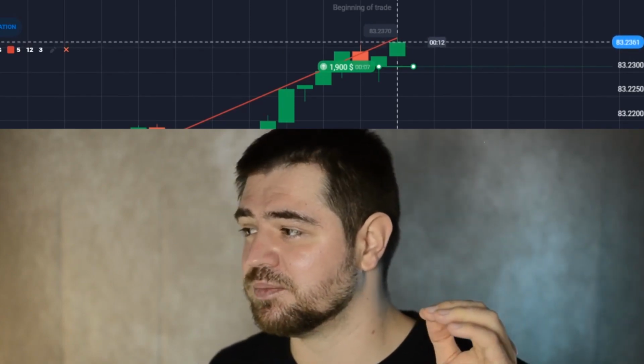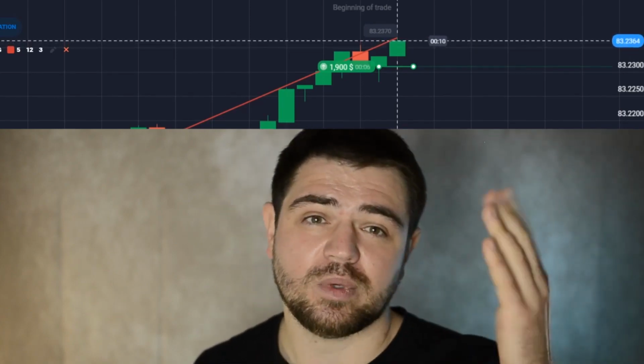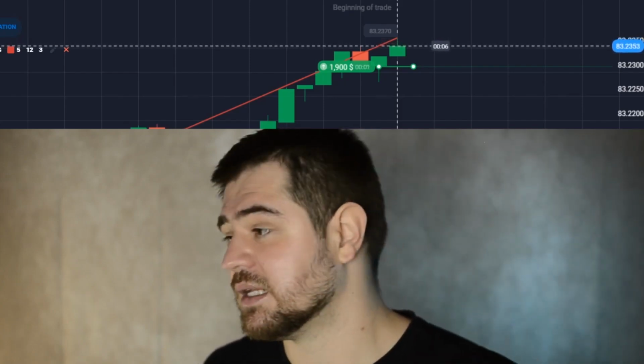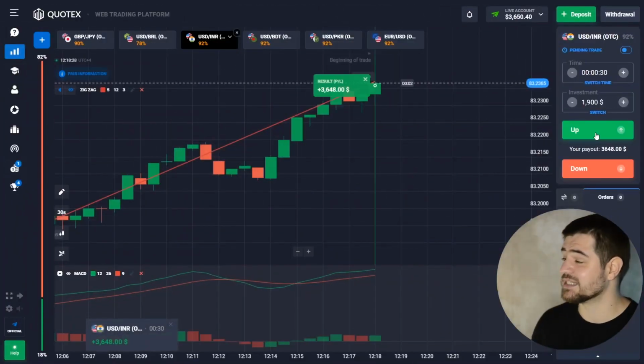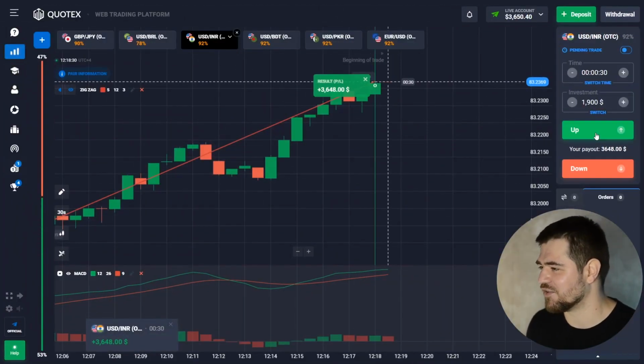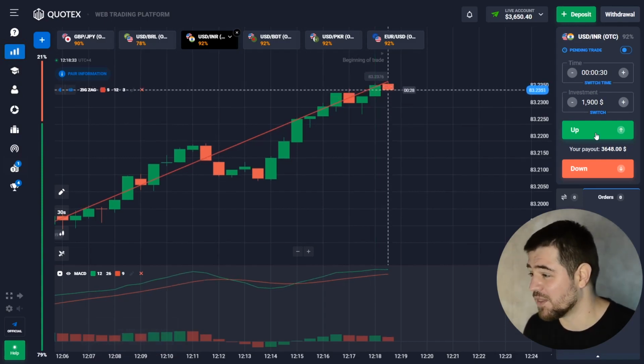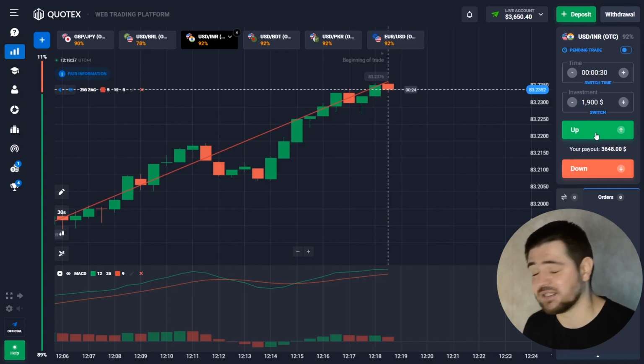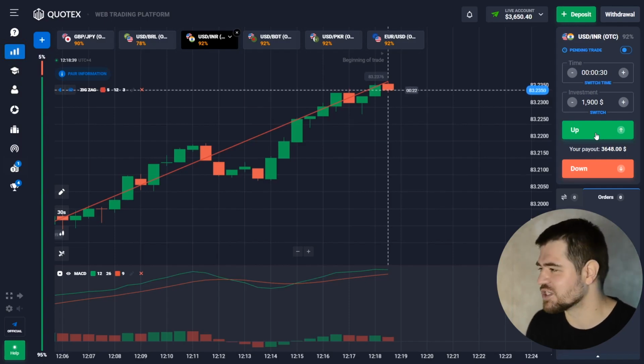At this moment is a good moment, because we're supposed to be going up, and then there was a pullback, so it's a really nice situation here. And here is the profit out of this one. We made it on the $1,900 option, and it made us 92% profit from just this one quick option.